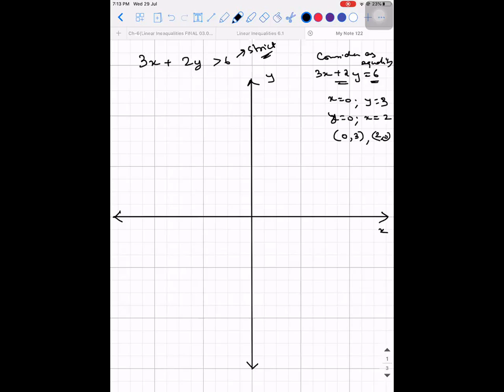So I take this as 2, 0, and 0, 3, let's say it is somewhere over here. I hope these 2 points are clear.